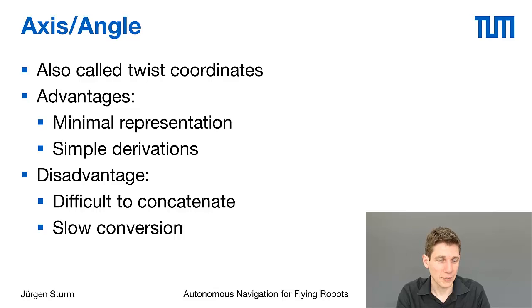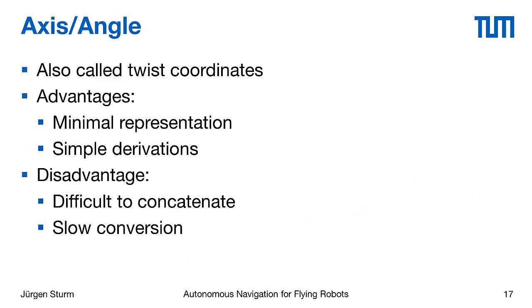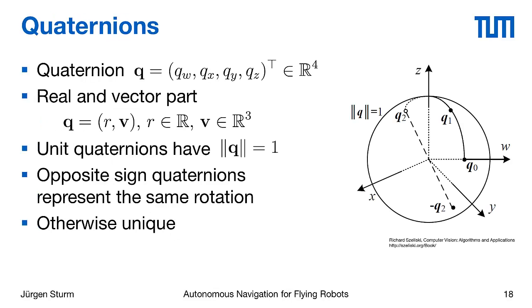The disadvantage, again similar to Euler angles, is that it's difficult to concatenate them. You always need to go to a rotation matrix, multiply them there, and then convert back to axis angle. The conversion is also fairly slow because you need to compute sine and cosine, which can be, at least on some processors, a costly operation.